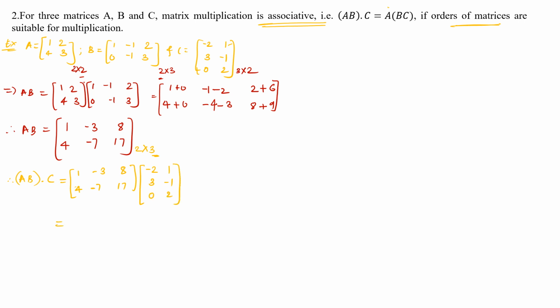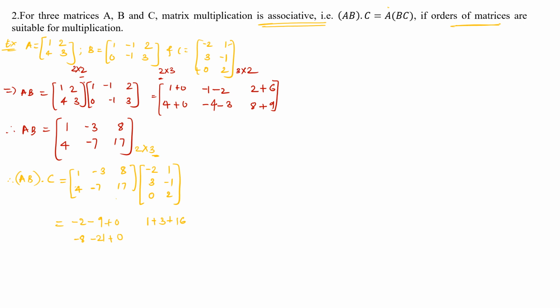So when you multiply this, what will it be? 1 into minus 2 is minus 2, minus 3 into 3 is minus 9, 8 plus 0. Next 1 into 1 is 1, minus 3 into minus 1 is plus 3, plus 8 2s are 16. Now since there are only 2 columns, we will get only 2 columns here. Then 4 into minus 2 is minus 8, minus 7 into 3 is minus 21, plus 17 into 0 is 0.